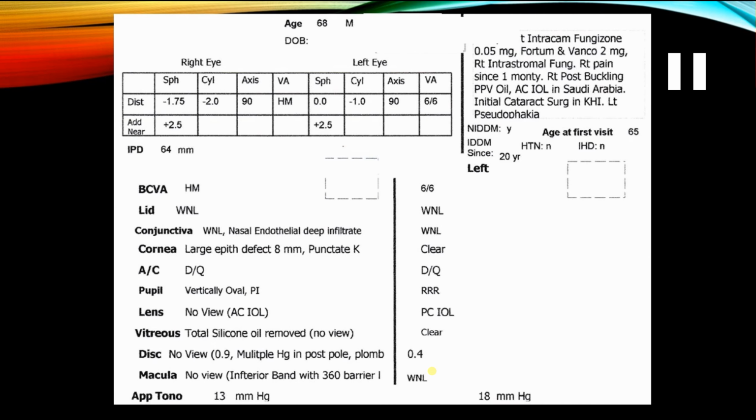So that tends to sequestrate it from the medication which you're using. Usually fungal keratitis also produces satellite lesions, but we did not see satellite lesions in this patient.